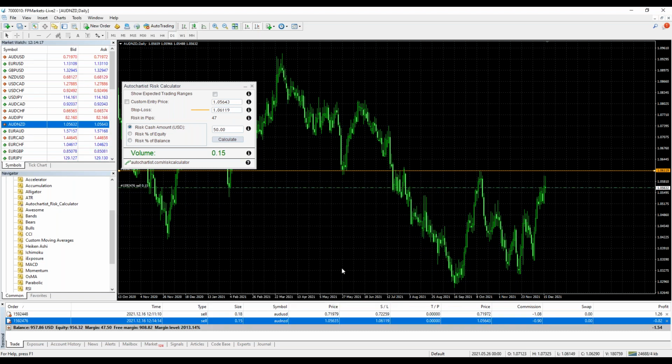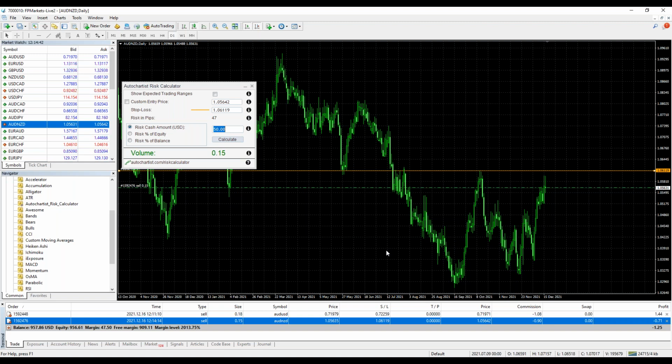So I've traded those two instruments, and in both cases, I've only risked $50, right? Independent of the fact that I traded a daily chart on the one, an hourly chart on the other, my risk in pips was completely different. What I've done is I've stayed true to my strategy. I've set my stop loss where my strategy tells me to set my stop loss.